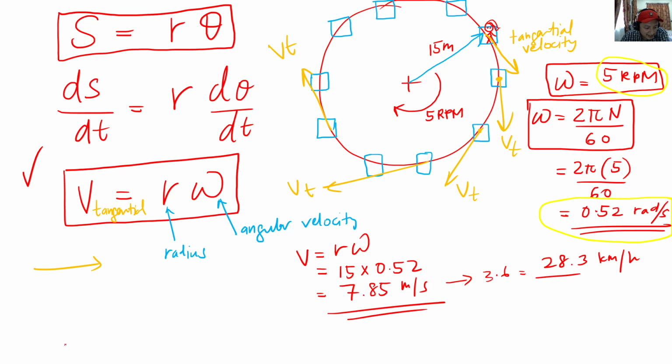So let's say you are the park owner and you want to increase profit. How do you increase profit from this Ferris wheel? So you add one more level. There's another level here. Boleh lah.